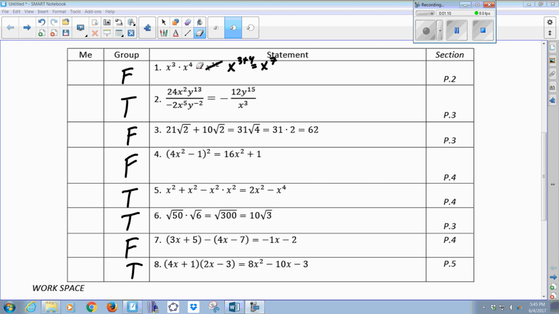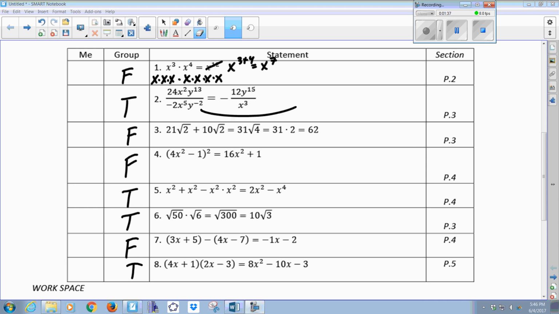It's common for some students to forget some of the properties of exponents and to do whatever the operation is here to the exponents. But recall again, if you happen to forget what the exponent rules are, you can just remember what it means to cube x and to raise it to the 4th power, and you can see here you have 7 factors of x. The second problem is true.